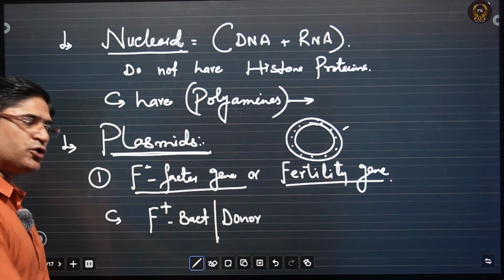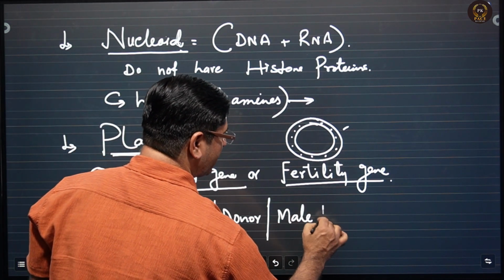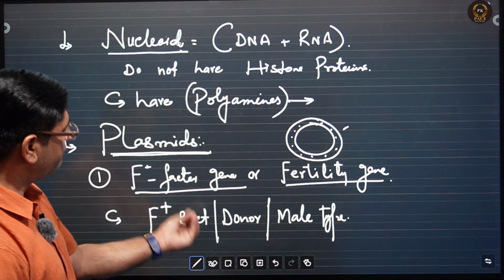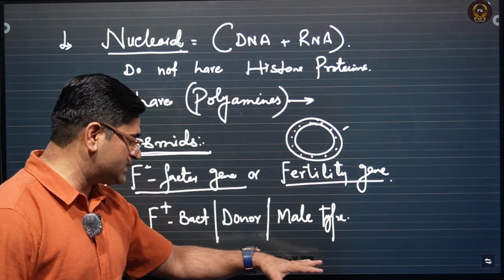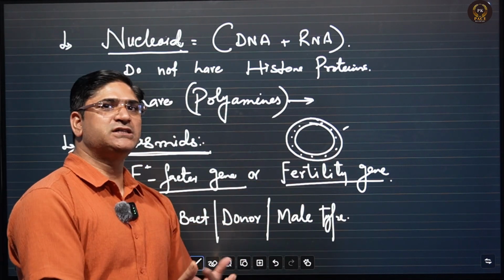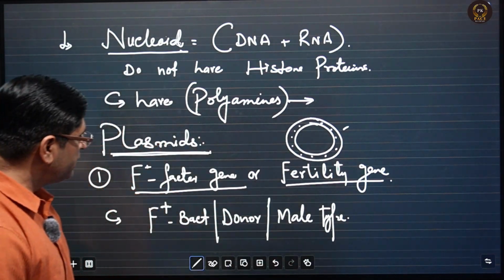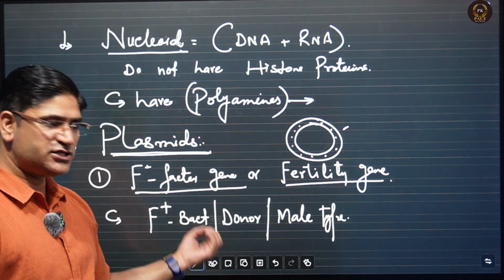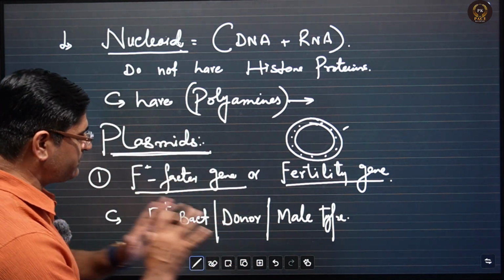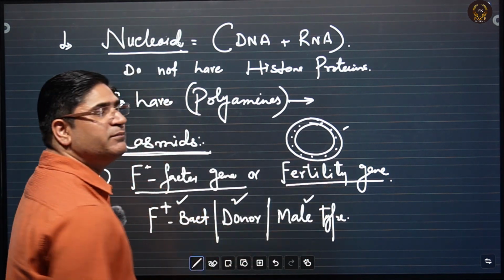They are also known as male type bacteria, because the plasmid DNA can be transferred, and during the transfer of the plasmid DNA, this gene can also get transferred. I will show you what is happening. So bacteria which contain the fertility gene in the plasmid DNA are called F positive, donor, or male bacteria.